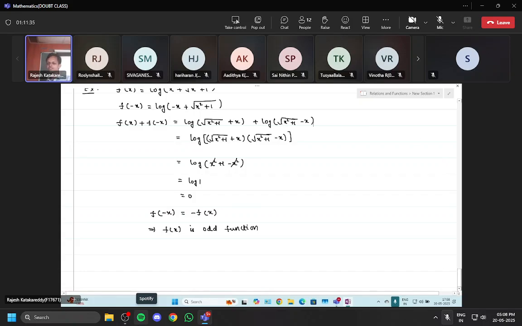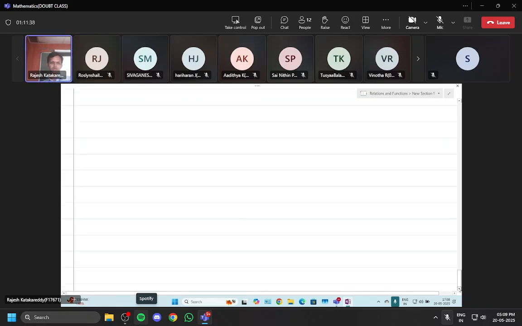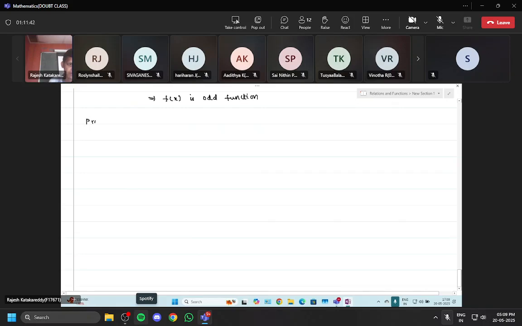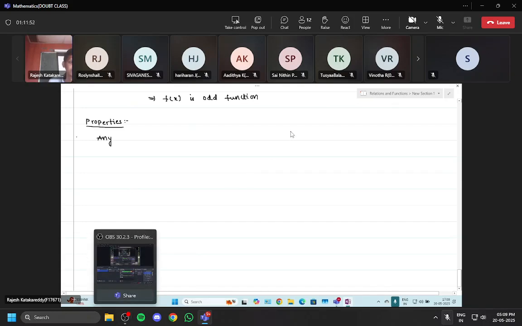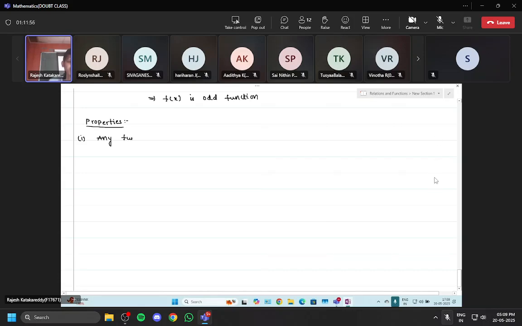Properties of even and odd functions. Property number 1: any function, maybe in bracket you write neither even nor odd, can be expressed as the sum of even and odd functions.